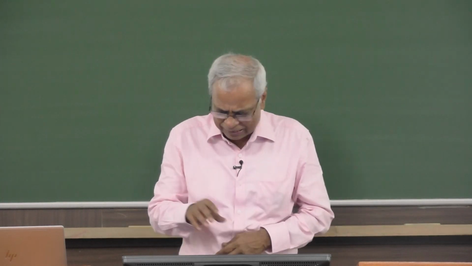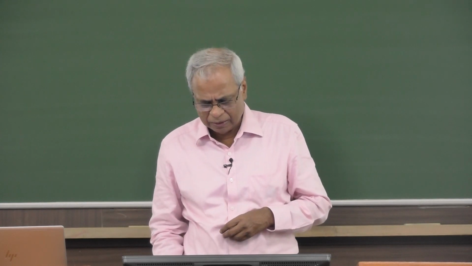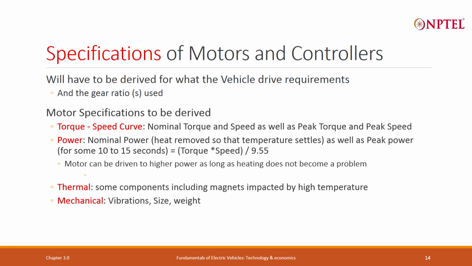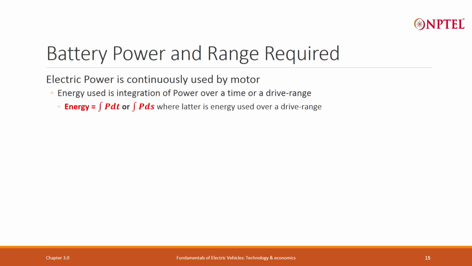Okay. So, this is the peak and the gear ratio, torque, speed and RPM. We have been talking about it, and this is how the motor and controllers are done. What about batteries? We will get into batteries in great detail soon. In fact, the next chapter, chapter 4, is on batteries, but let us look at it. Electric power will be continuously used by a motor.